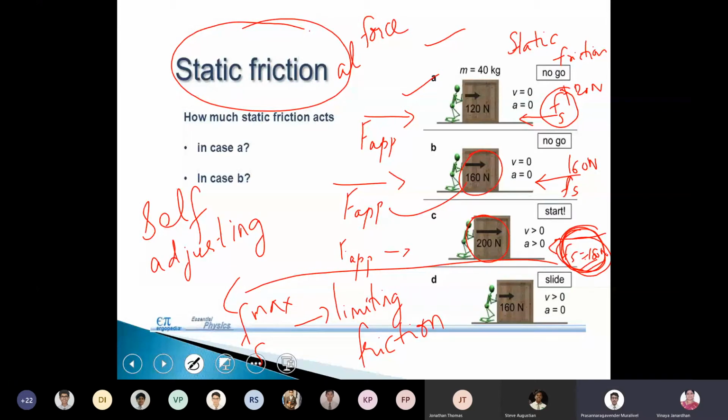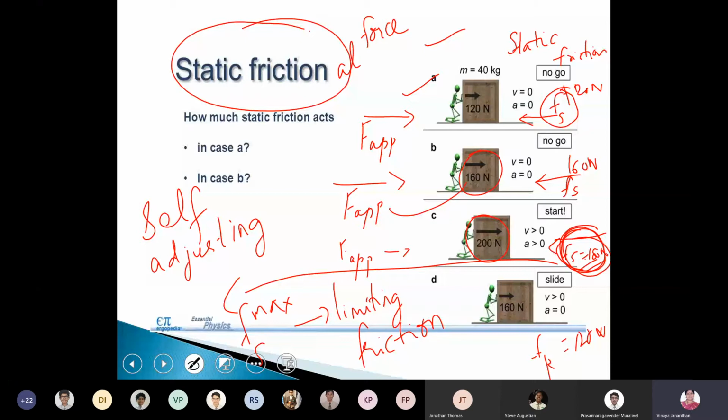Fine. Now, once the body is set in motion, once the body begins to move, still there will be a frictional force, but this frictional force will be less than 180 newtons. Say, might be 120 or so. I'm just giving a value. Once the body continues to move, still there will be friction between the body and the ground.